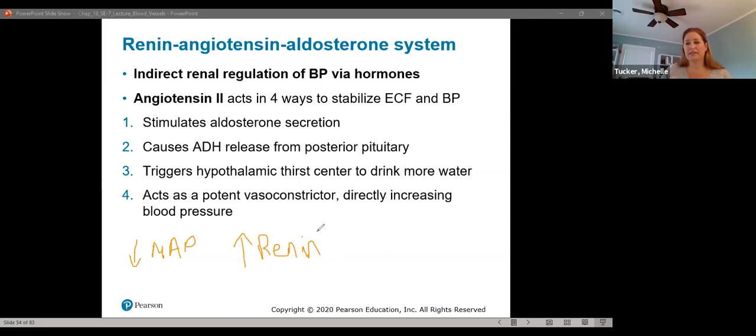Renin is an enzyme, and through a series of reactions, it causes an increase in angiotensin II. Angiotensin II acts in 4 ways to stabilize extracellular fluid and blood pressure. It's going to stimulate aldosterone secretion from the adrenal cortex.